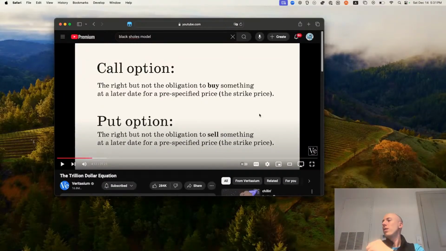The only thing that's different here is, if I'm the buyer, I'm just free to do whatever I want. I could exercise my option, I could not. In both cases, the other person is kind of forced to do something.